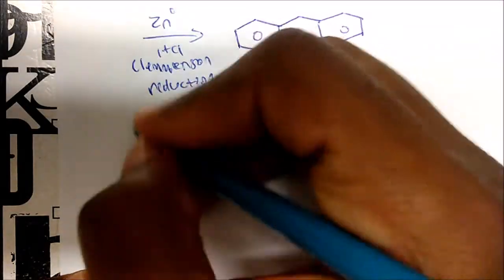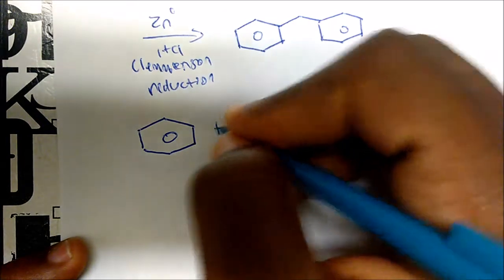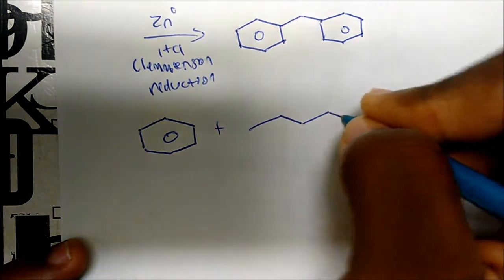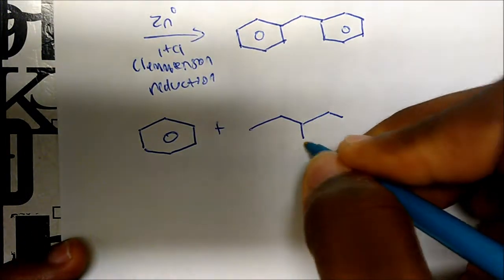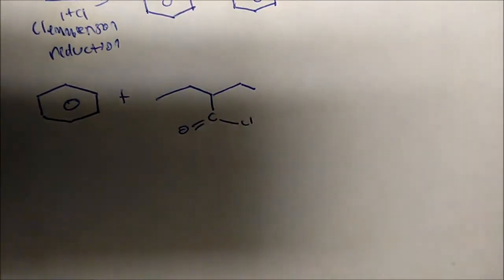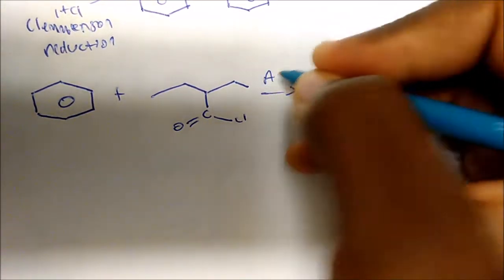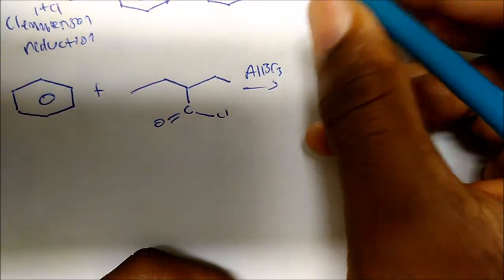So what if I take benzene and add this molecule here? What would we get? Well, again, I'm always looking for where my chlorine and my carbonyl carbon are. If I take this and add it in, let's say aluminum tribromide, what would we get?